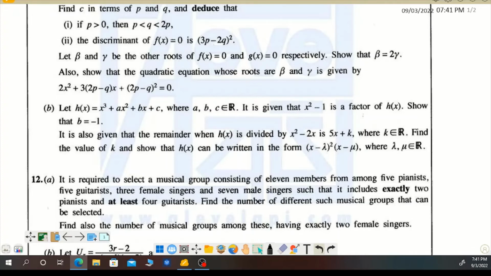So, we are given that x squared minus 1 is a factor. In this problem we have to apply the factor theorem. So I can write h(x) equals some function g(x) into x squared minus 1, but there is no remainder, so I am not going to write any remainder because this is the factor theorem.